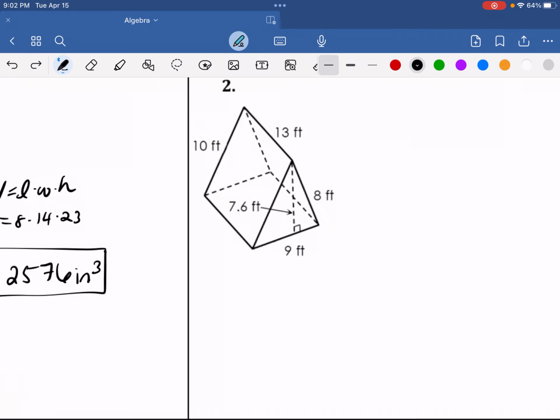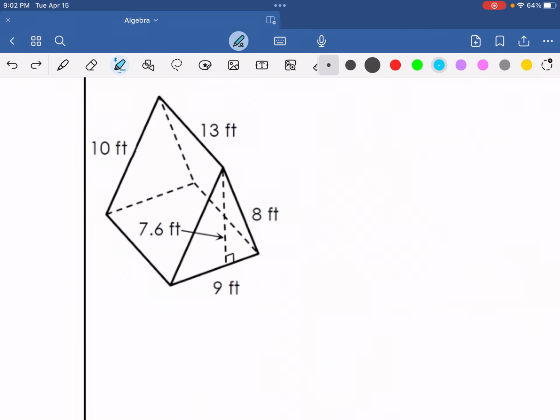Alright, so if we come over here, the area of the triangle would be this triangle. Okay, what's the base? The base is 9. And then what's the height? The height is 7.6. So the area of the triangle is 1/2 base times height.